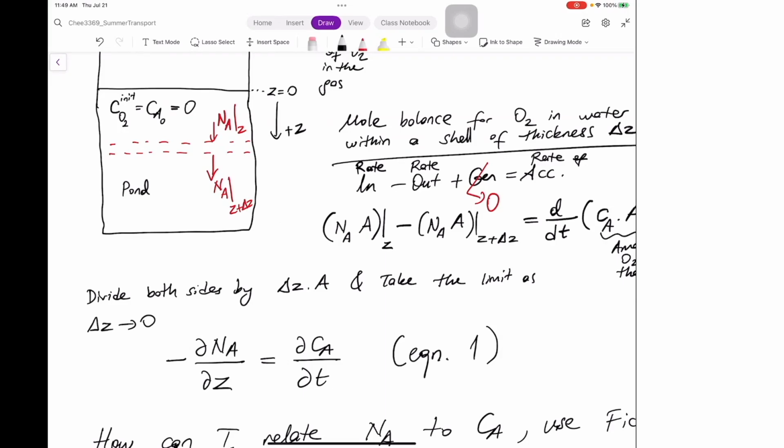So I assume that the molecules near the surface of the water do not feel the other end of the pond because it's actually far away. It's just the relative size scales that make me make this assumption of an infinite slab. Does that make sense?